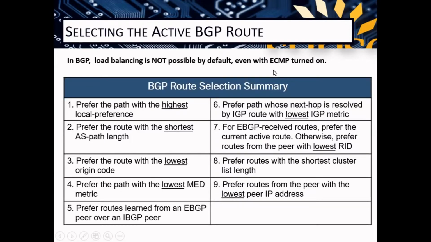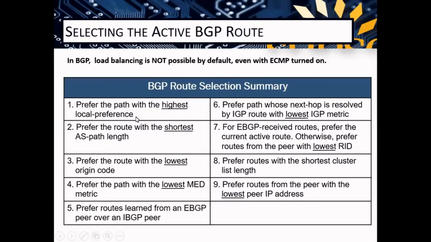The reason for that is the way BGP selects the best next hop, the best route for a particular prefix. So this is BGP itself making a decision before the route can be considered by the routing engine to become active and be used for forwarding traffic.